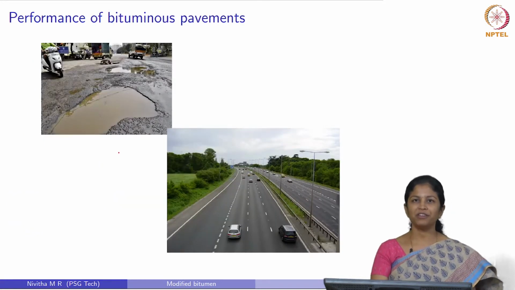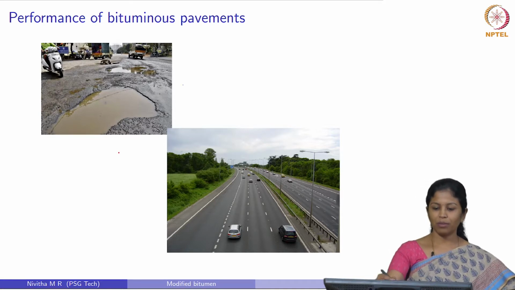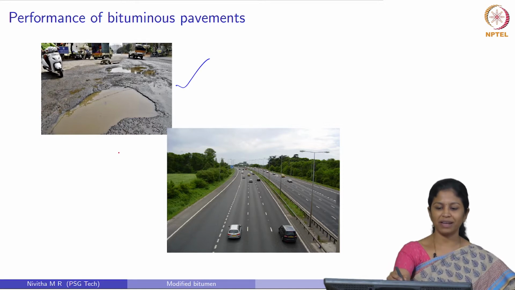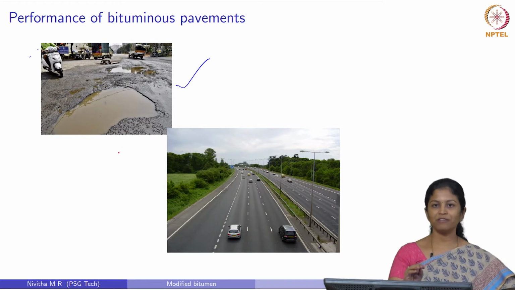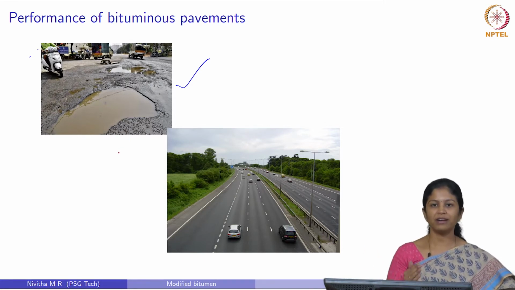Why do we need modifiers for bitumen? You can see a picture here. The pavement in our country in most cases is something like what we see in the image on top here, right. At least if not most of the pavements, many of the pavements face this condition at the end of monsoon season. Most of the pavements have some sort of distress much before their design life.